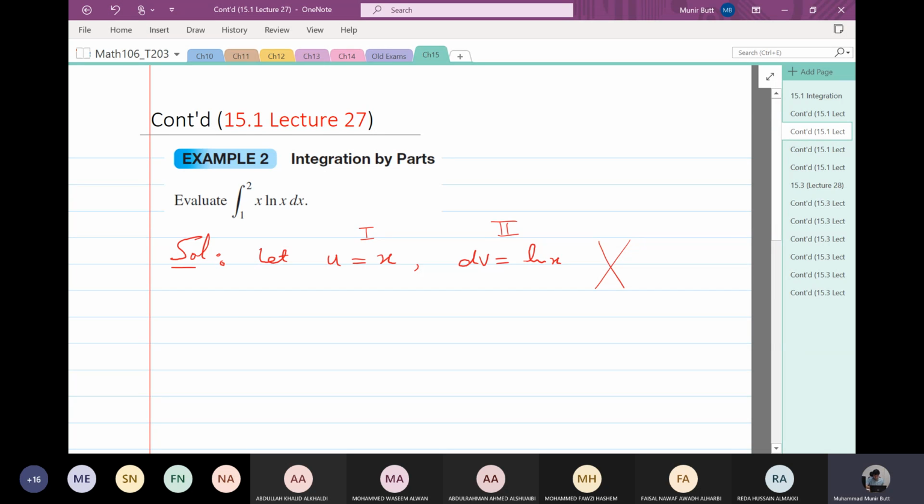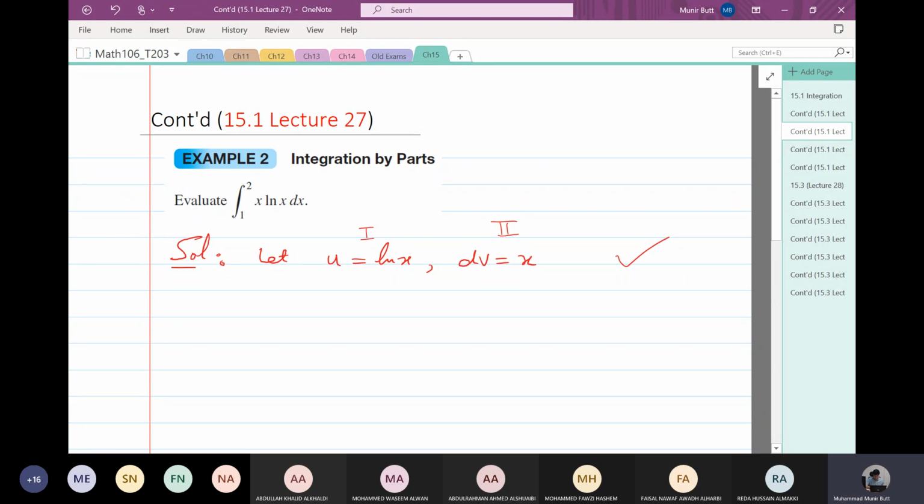So that is why you have to be careful: u is a function whose differentiation is known, because we know the derivative of ln of x is 1 over x, but we don't know its integration at the moment. And dv is a function whose integration is possible. So now this is the right choice.